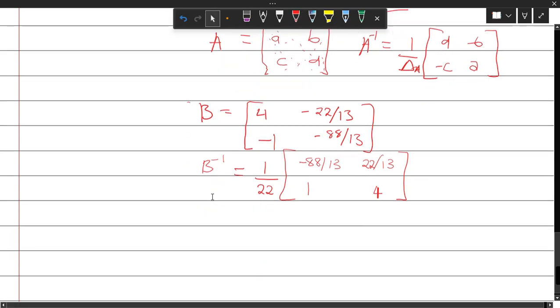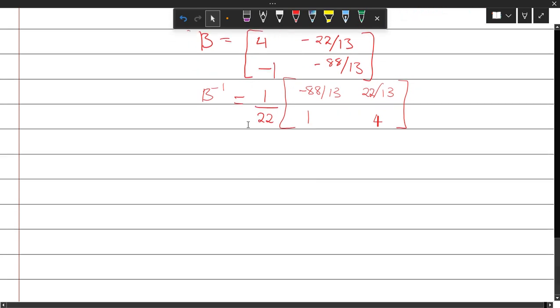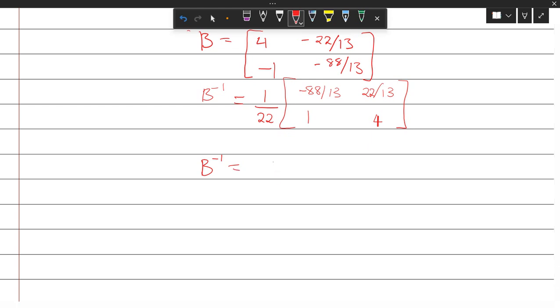So now we simplify it a little bit further. We multiply it through by each and every number. So we have 1 over 22 multiplied by this value, 1 over 22 multiplied by this value, 1 will distribute. So we continue. B inverse equals, so we say -88 over 13 multiplied by 1 over 22.